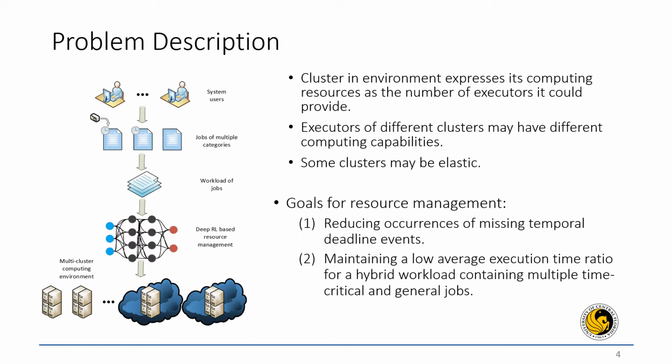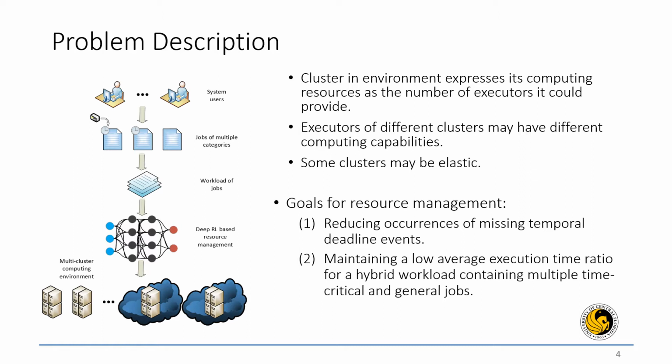Each cluster in the environment represents its overall computing resource as a number of executors, and executors among different clusters can be heterogeneous, such that the computing capability of them are different. Some clusters may also be elastic, that is, their executor numbers can be temporarily expanded with an upper bound when necessary to fit workload pressure.